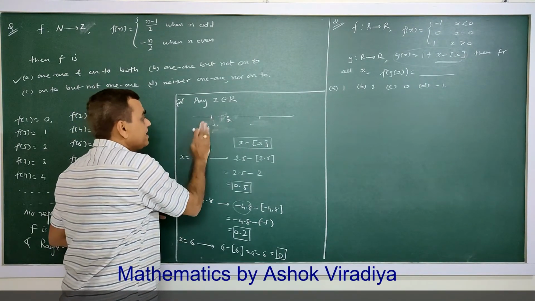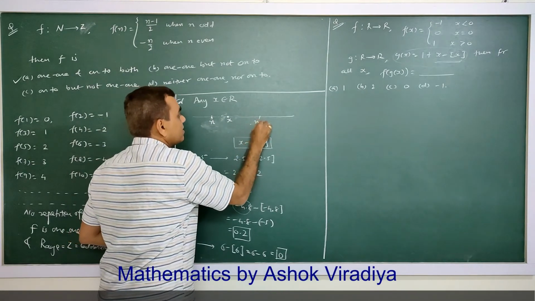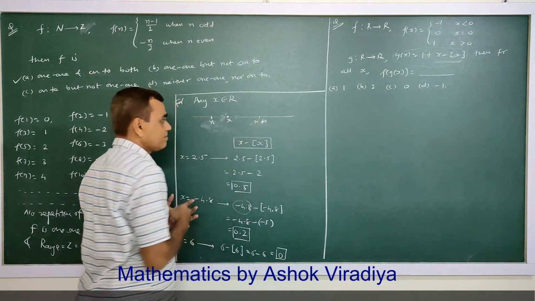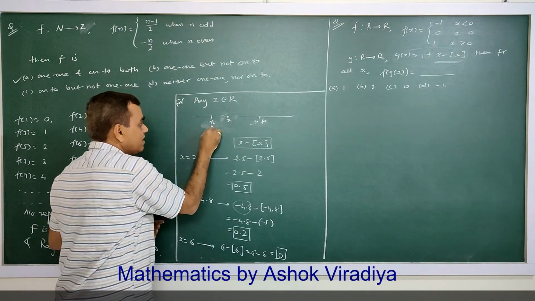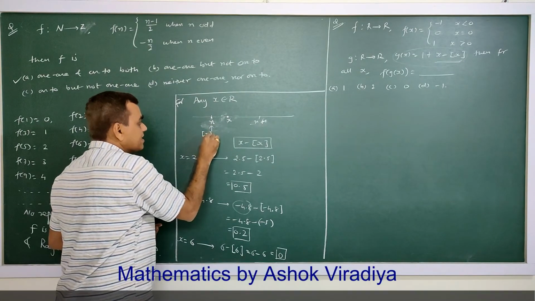If x is between n and n plus 1, then n will be the box value of x.